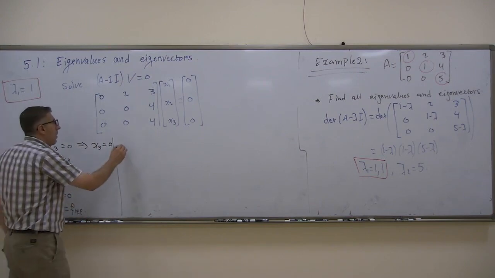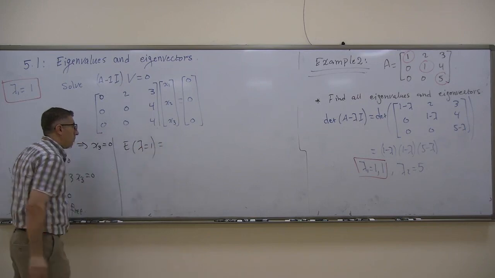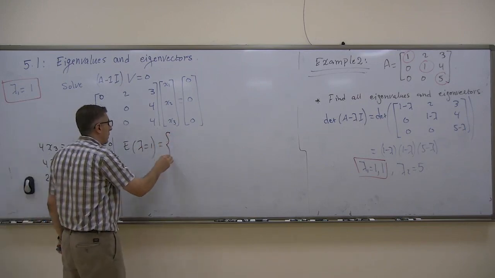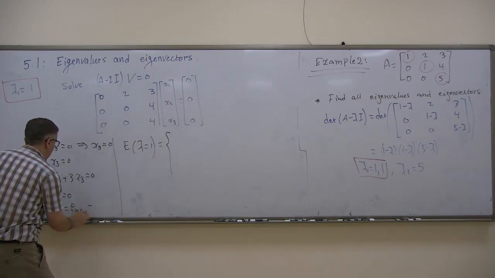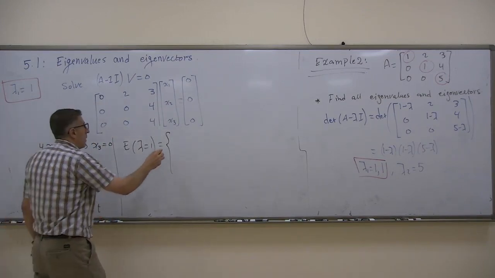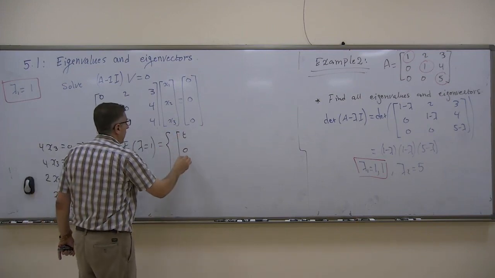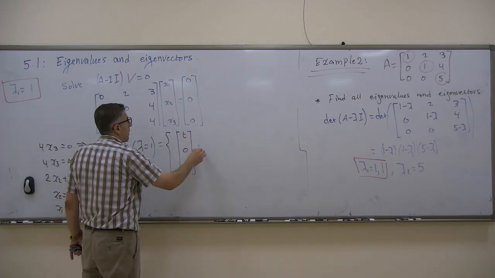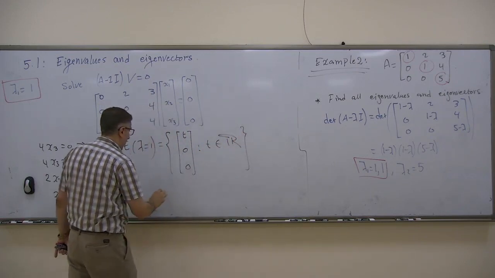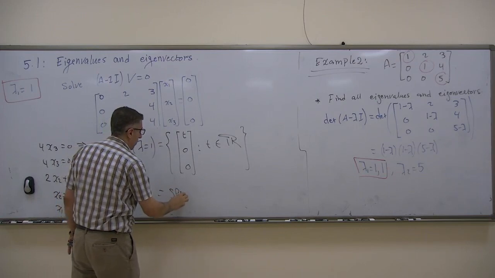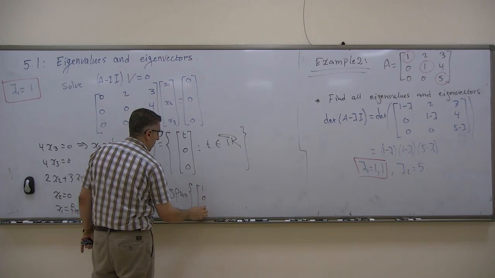We are getting the eigenspace that belongs to this lambda is x1 free, so let's take it here t, and x2 is 0, x3 is 0, such that t belongs to R. And that is a span of 1, 0, 0.